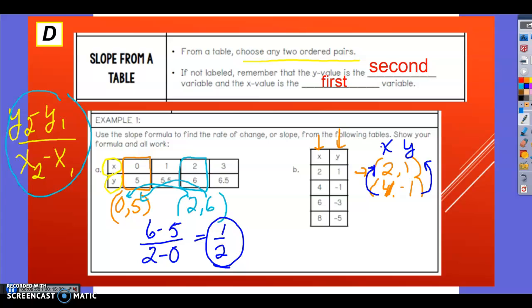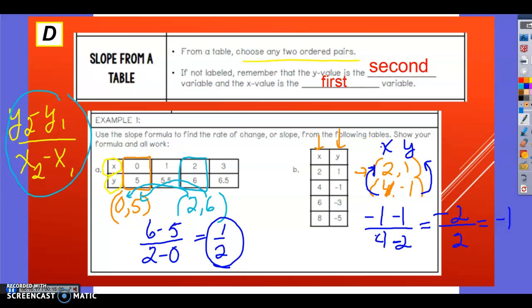So I'm going to go negative 1 minus 1 over 4 minus 2. Again, I went bottom minus top, bottom minus top. We have to keep it consistent. Negative 1 minus 1 is negative 2 over 4 minus 2, which is 2, and that simplifies to negative 1.